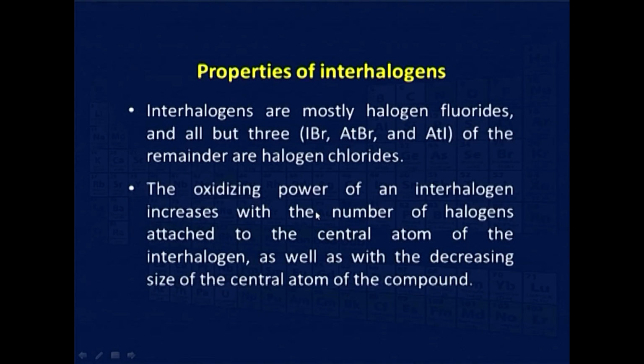The interhalogens are mostly halogen fluorides, and all but 3, iodine monobromide, astatine bromide and astatine iodide, of the remainder are halogen chlorides. The oxidizing power of an interhalogen increases with the number of halogens attached to the central atom as well as with the decreasing size of the central atom of the compound.